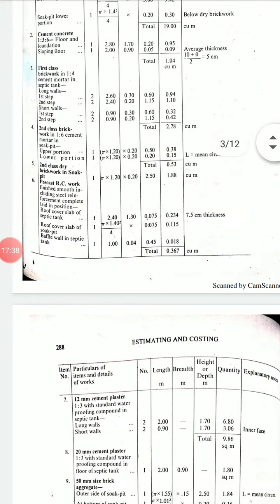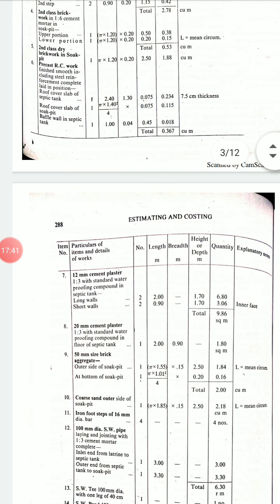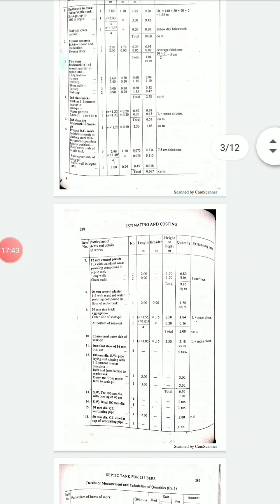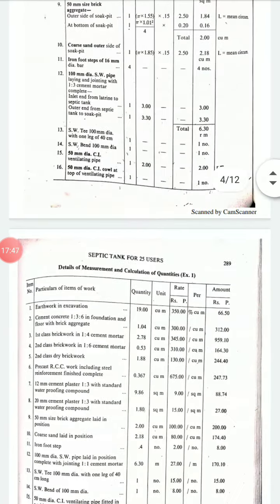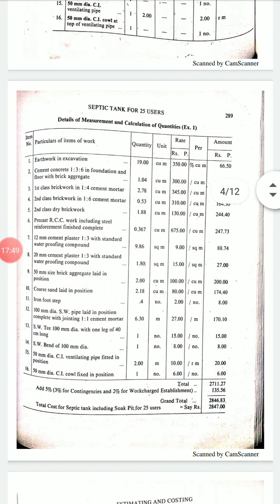So we just observe all the items. So totally it is having 16 items. So in the examination they will ask only few items. Okay, for example, if you see the question paper December 2016 and 17, they have asked like the plan and section of the septic tank is given in the figure.